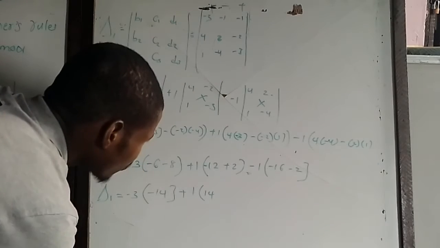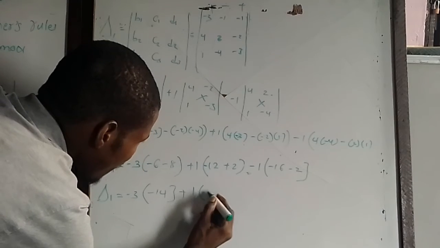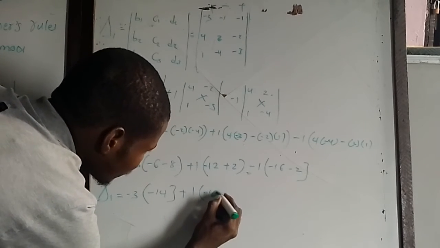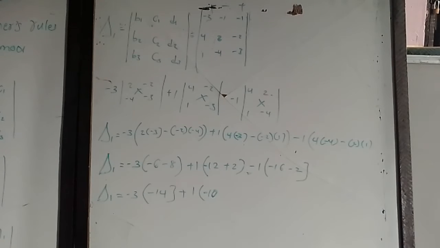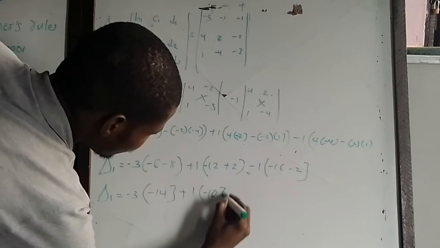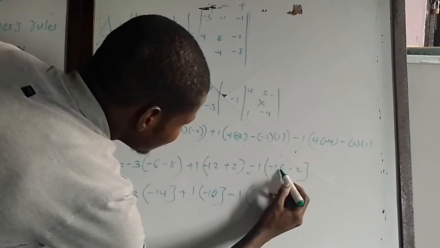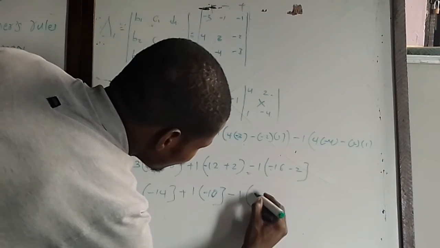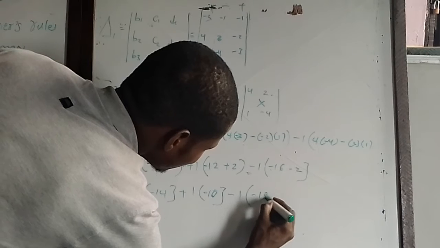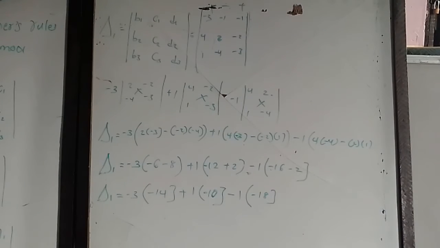So this is going to be minus 10. Minus 1 open bracket, minus 16 minus 2 is going to give us minus 18. So do you understand? Hope it's clear. Do you understand what we are doing?